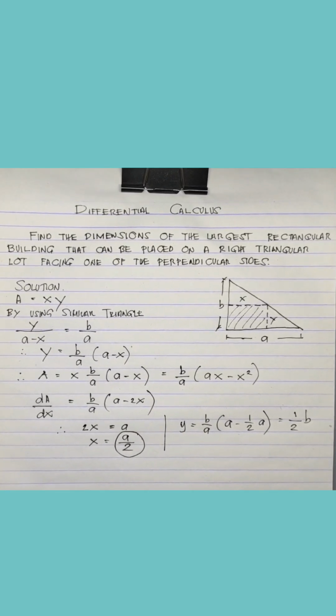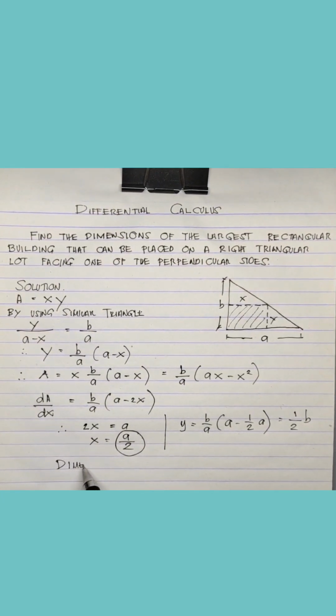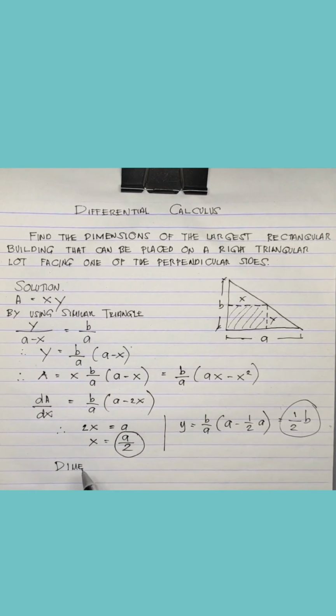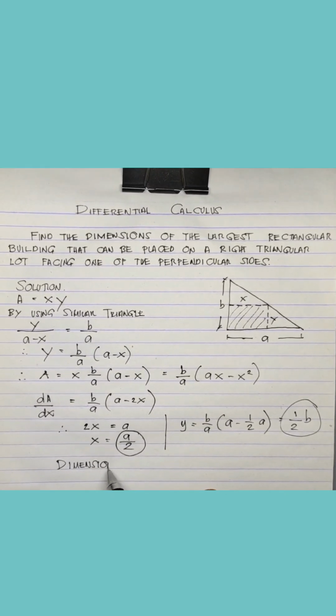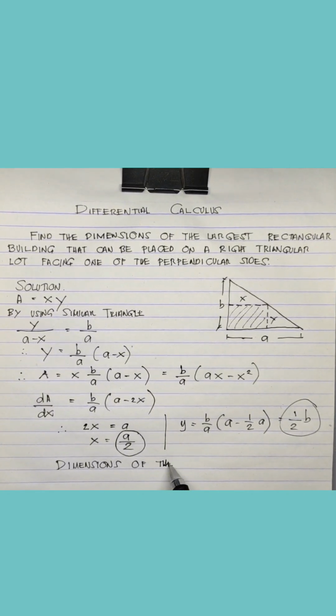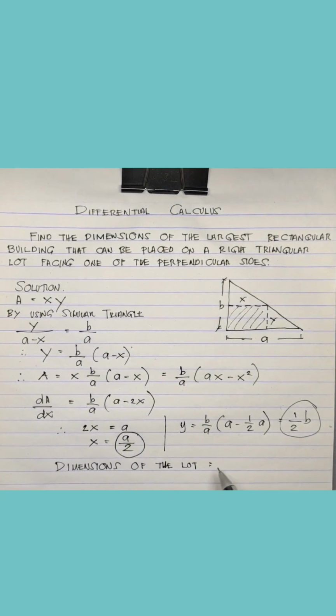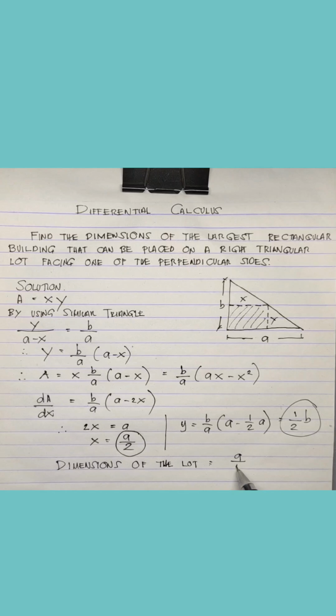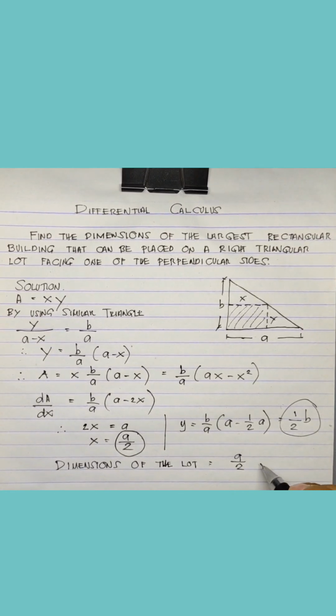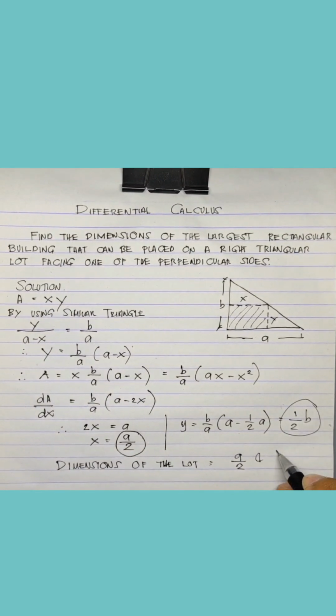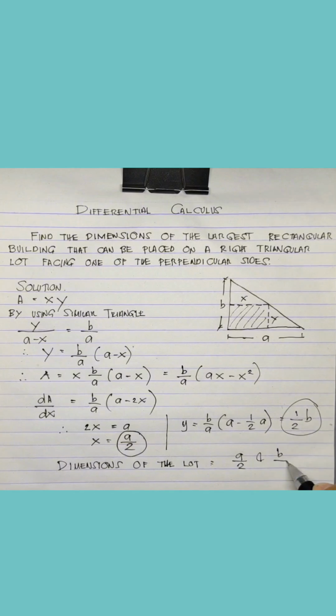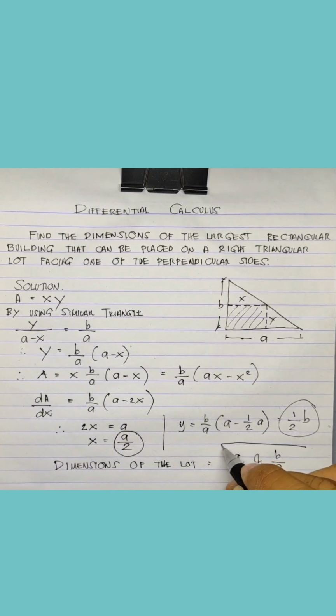Okay, so the dimensions of the lot are A over 2 and B over 2. This is the final answer.